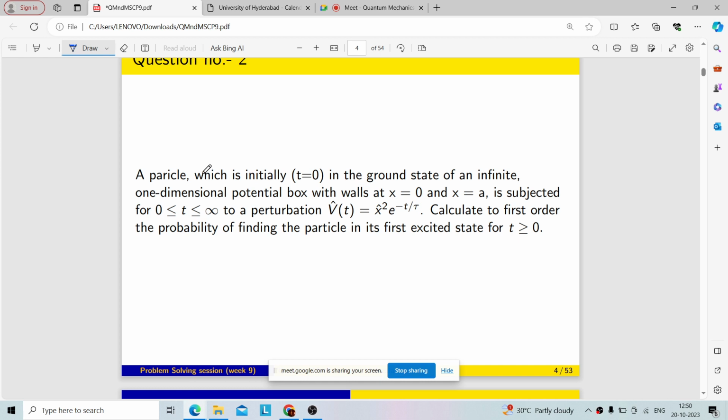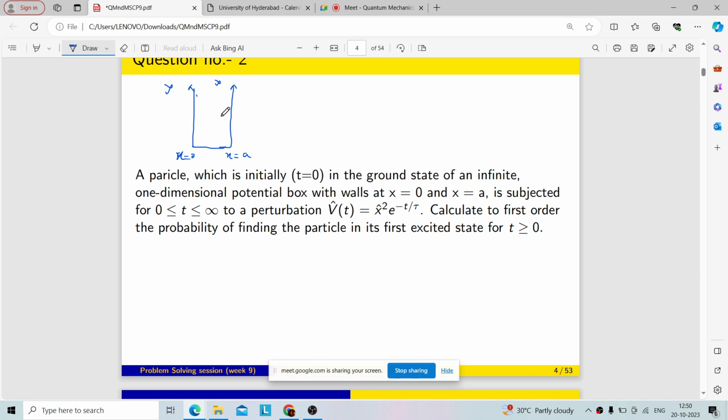So the question is given like there is an infinite potential well which extends from x equal to 0 to x equal to a, and this potential well goes to infinity.